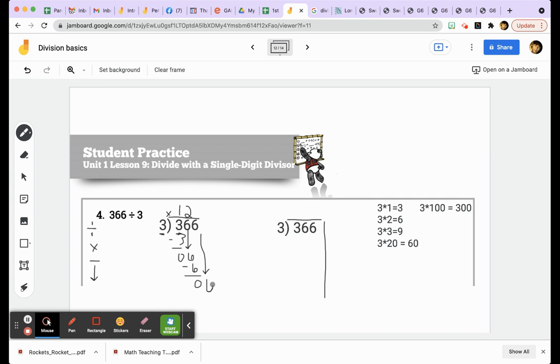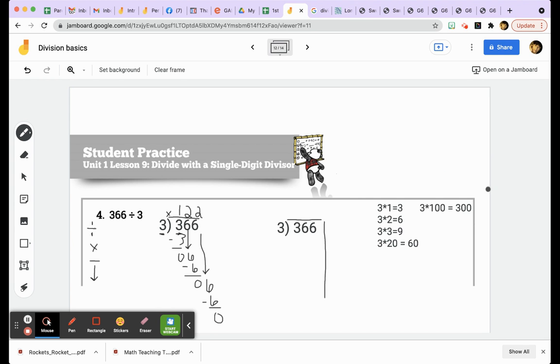I bring down another 6. And 3 will go into 6 2 times. Multiply back. 2 times 3 is 6. Subtract 0. There's nothing left to bring down, so I have my quotient of 122.